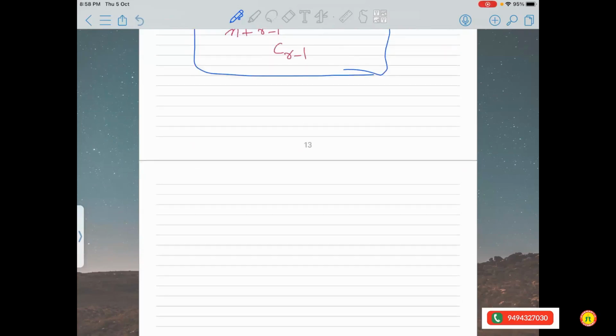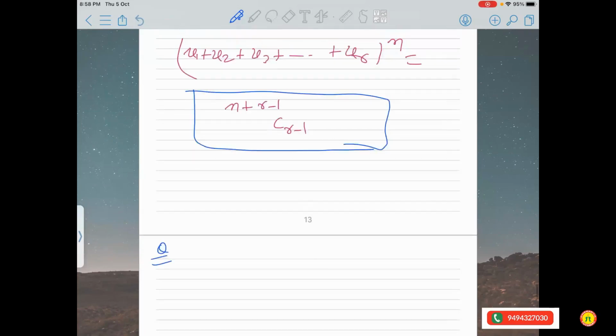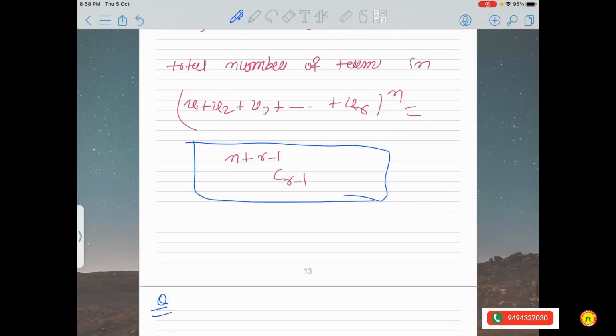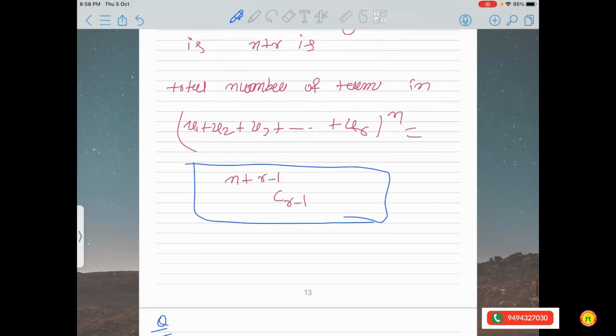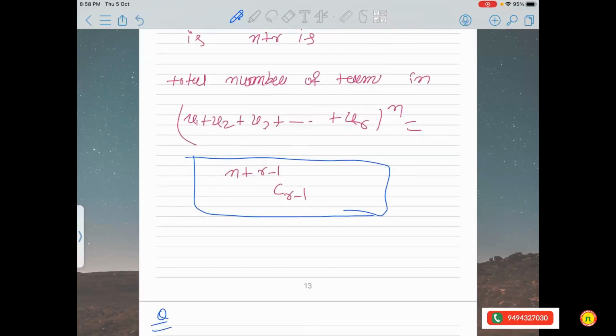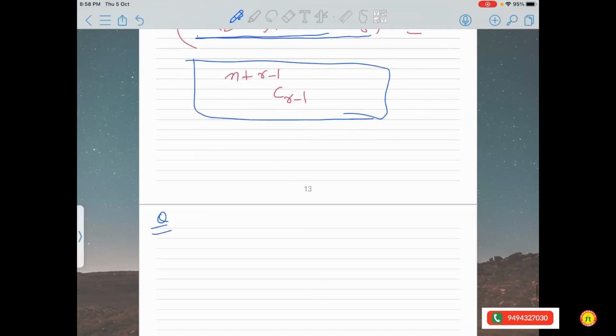Now the question. Remember, the total number of different terms equals n plus r minus 1 C r minus 1. Here r is the number of terms inside, and n is the power.